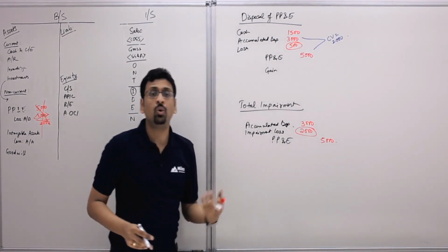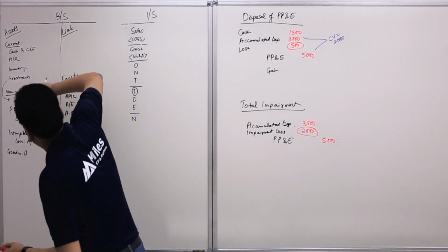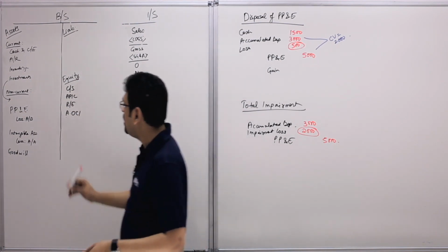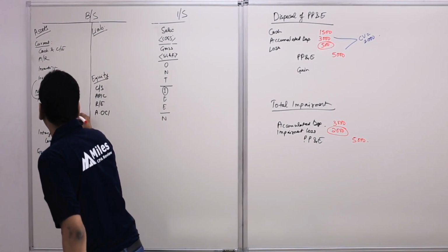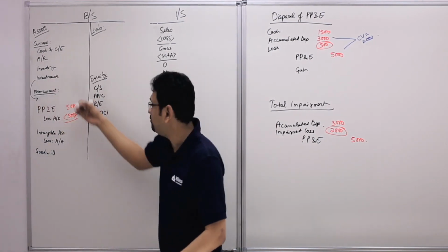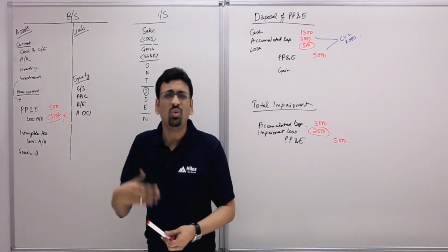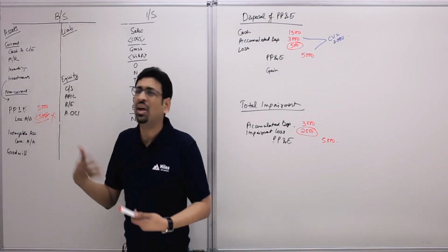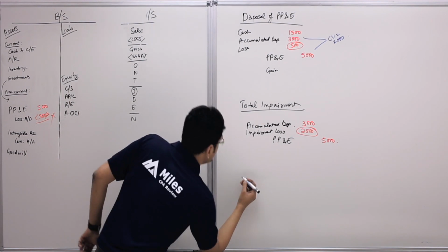Now, how about this asset? You're using it, you don't sell it off. But let's say it was an asset with a useful life of 10 years and you've used it for 10 years. The accumulated depreciation is now equal to the value of the historical cost of the asset. Net is 0. So now you simply want to write it off. 5,000 less 5,000 becomes 0 on your balance sheet. No point having this. So that becomes a write-off for fully depreciated asset.